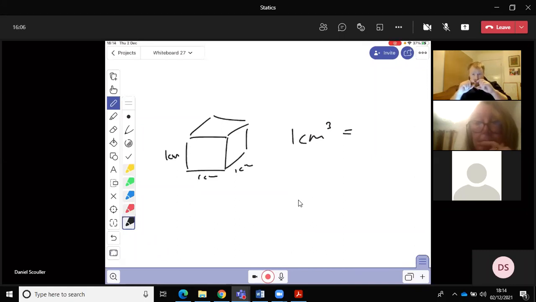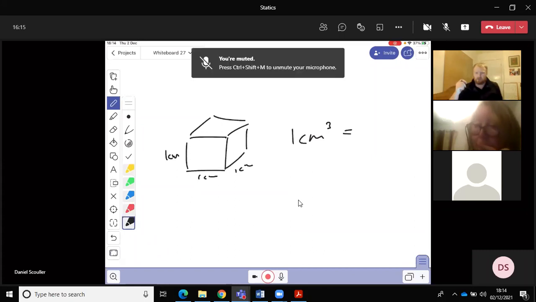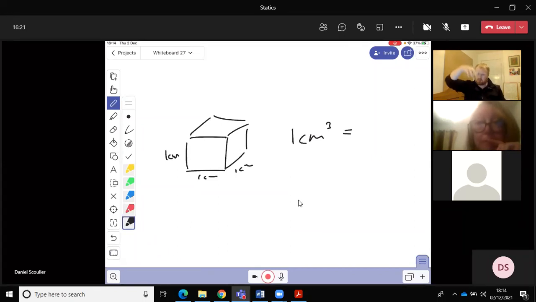If you think about what a centimetre is, and a cube made out of that, you're going to fill that volume with 1,000 of them. It's quite difficult to picture, but a centimetre is quite small. So if you've got a wee cube of a centimetre, we can fit 1,000 of them tightly packed into that bottle of Coke.